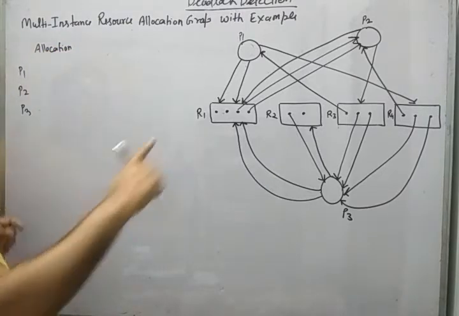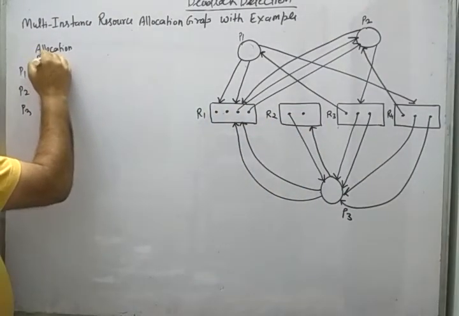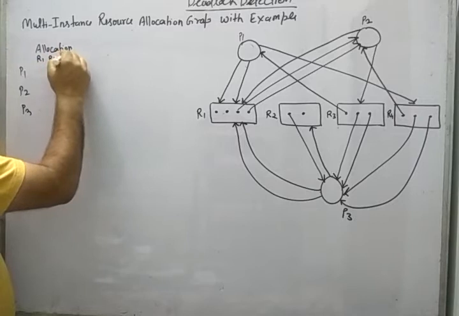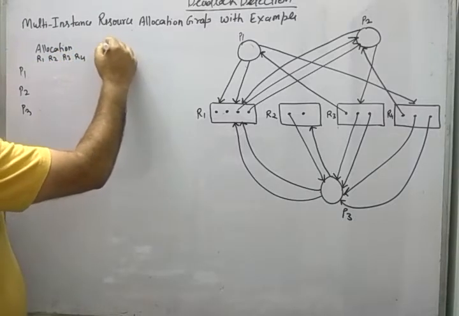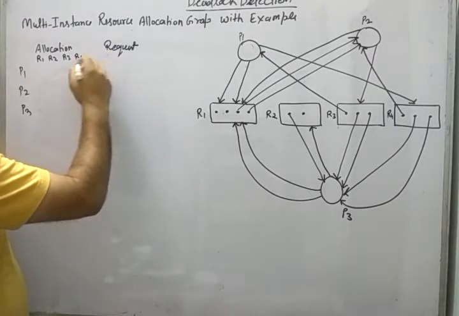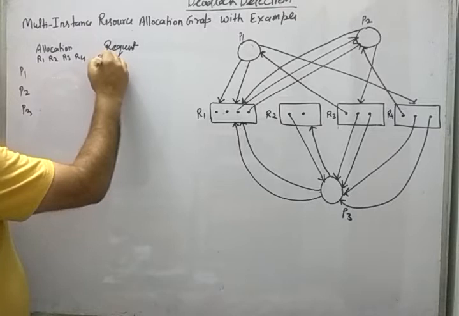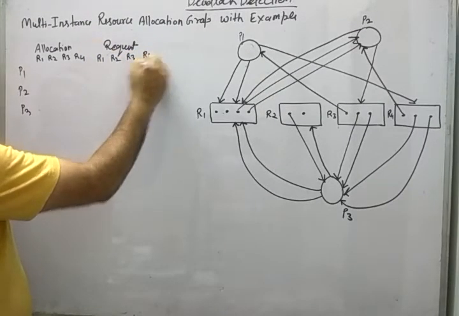Allocation, and how many resources are there? 4 resources. Then resources R1, R2, R3, R4. Now request, again R1, R2, R3, R4.